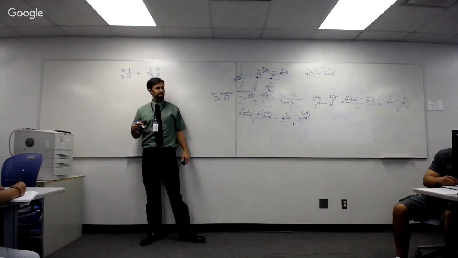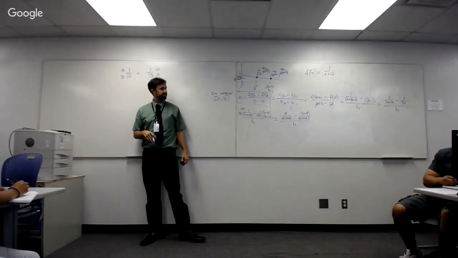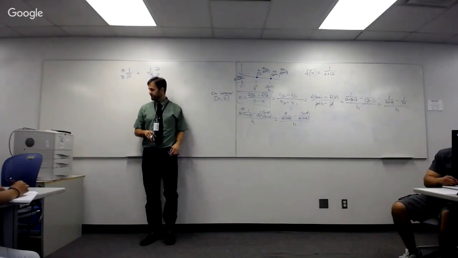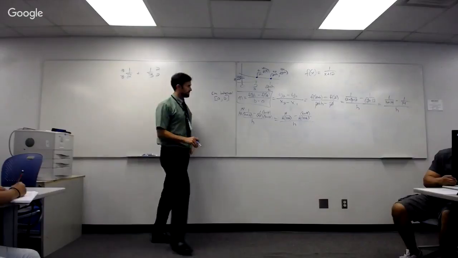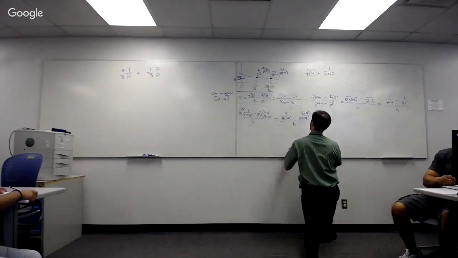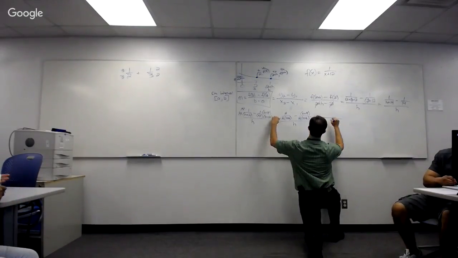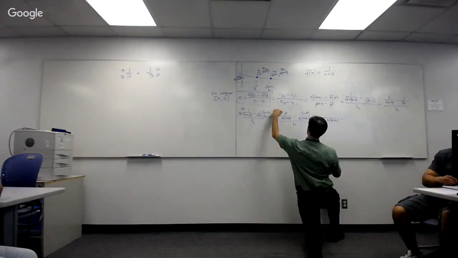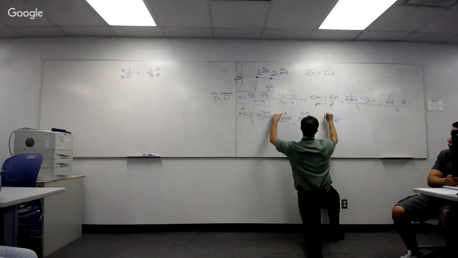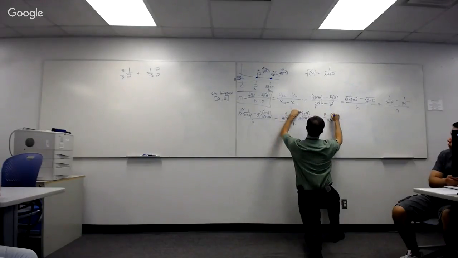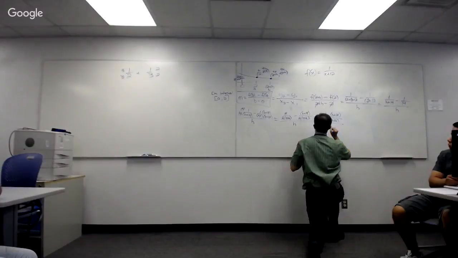And now that we have a common denominator, we can actually subtract the numerator. So let's subtract the numerator. So now I have a common denominator on top, that's 14 times 14 plus h. And the top now is going to be 14 minus h plus 14. And all of that is over h.